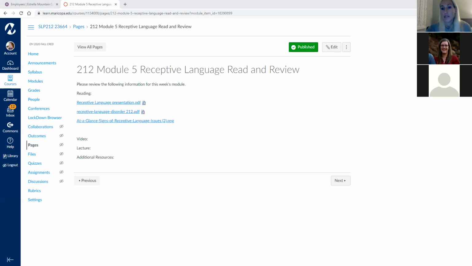So receptive language issues, what are we seeing? The nice thing is I kind of like the different environments it gives us: at home, what you might see, and at school, what you might see. And then consistently misunderstands what is asked, said, or written. So somebody asked about writing and reading.